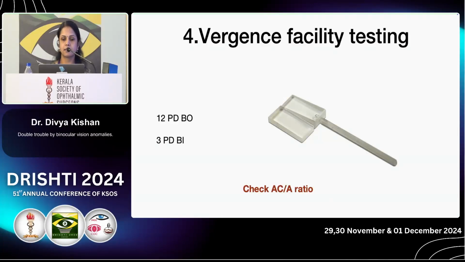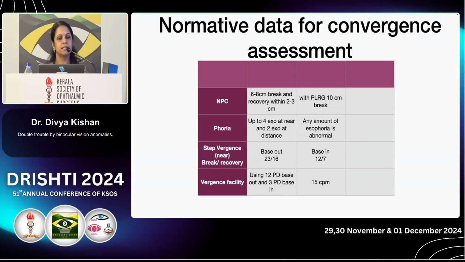Vergence facility is done by using the vergence flippers, which are 12 prism base out and 3 prism base in. Also, in all cases, it is mandatory to check the accommodative convergence by accommodation ratio, either by using the gradient or the heterophoria method.